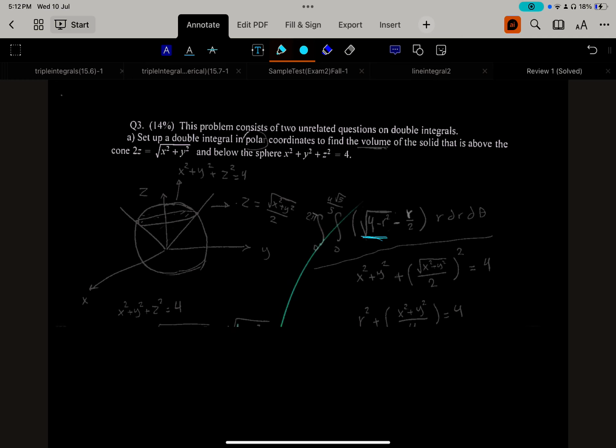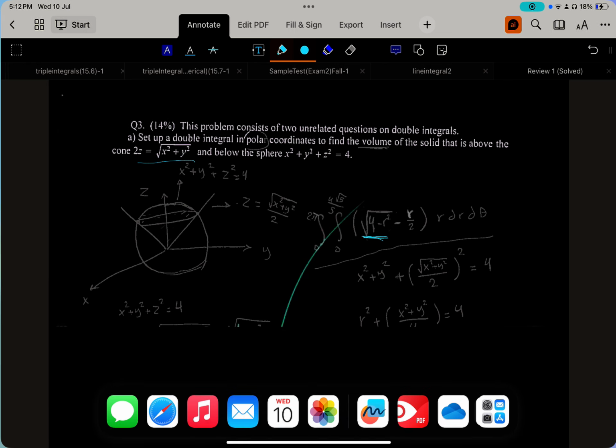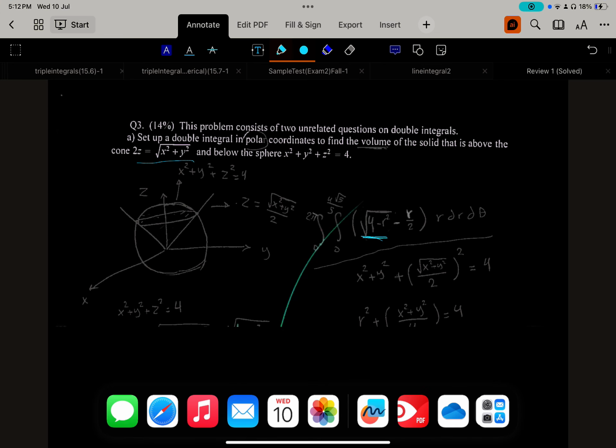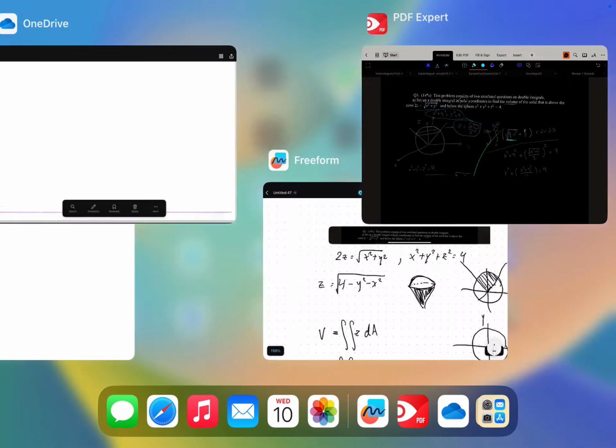Okay, so we have here z equals the square root of x squared plus y squared, that's the cone. So he basically did the sphere minus the cone.